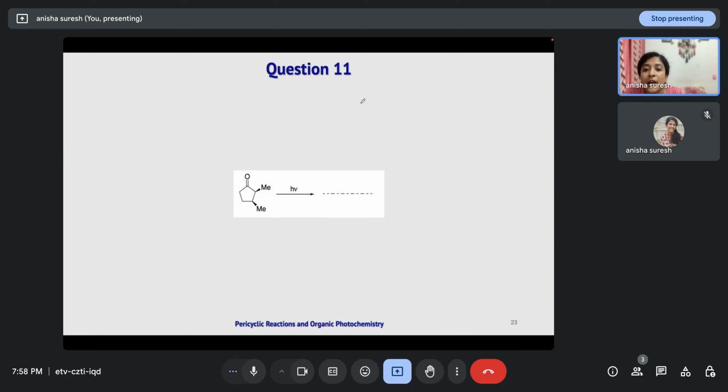Okay. Now coming to question number 11. So this was a question from week 7 assignment. So what will be the product that is formed here? So under photochemical condition, what will be happening to this 5-membered cyclic ketone?